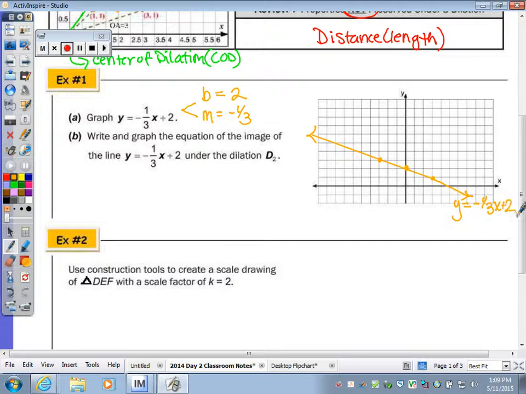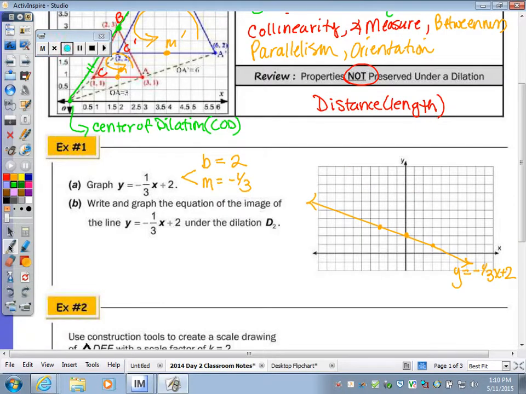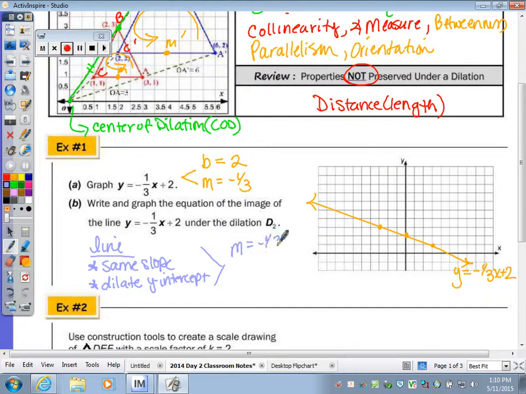So what am I going to do to dilate the line? So since in a dilation, again, parallelism is preserved, we know that this new line is going to have the same slope. And to make it easy, we're just going to dilate the y-intercept. So my slope's going to be negative 1/3.